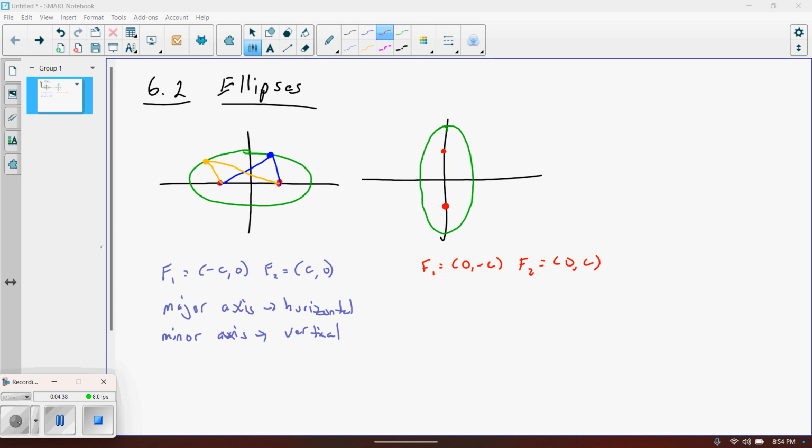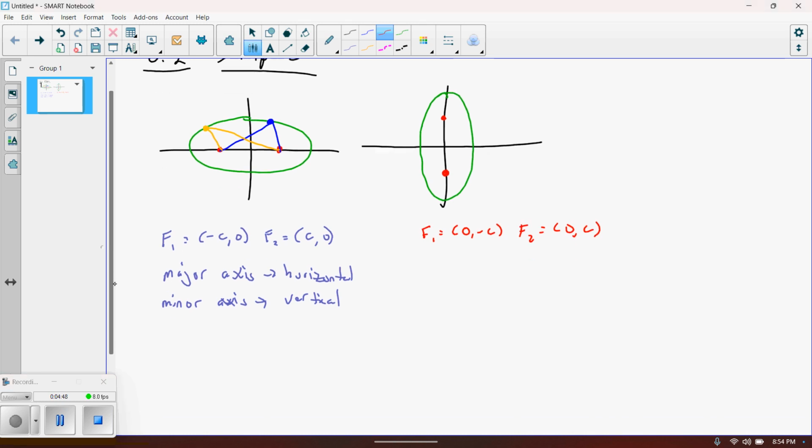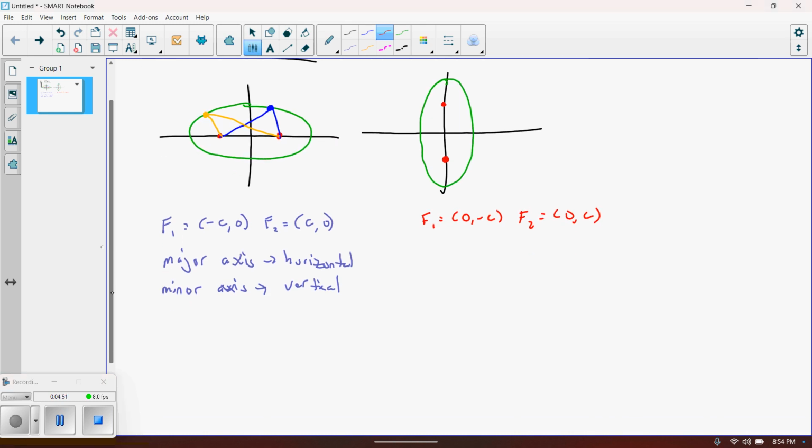The nice thing about the ellipse is you don't have to worry too much about positive and negative signs in the standard equations, because everything is added together. All of this stems from the distance formula, but I'm just going to give you the formulas.